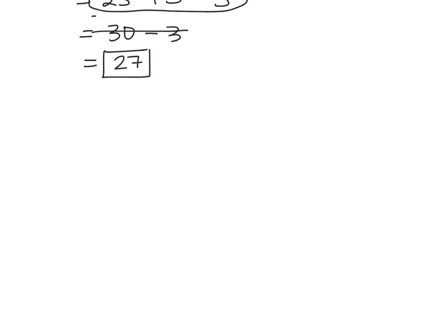All right, next one. Same set of numbers, so I'm going to just rewrite them here so they're right in front of us. X is 5, Y is 2. And here's the problem. XY squared divided by XY.